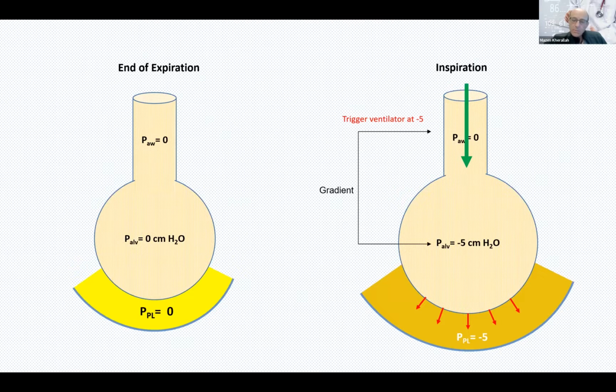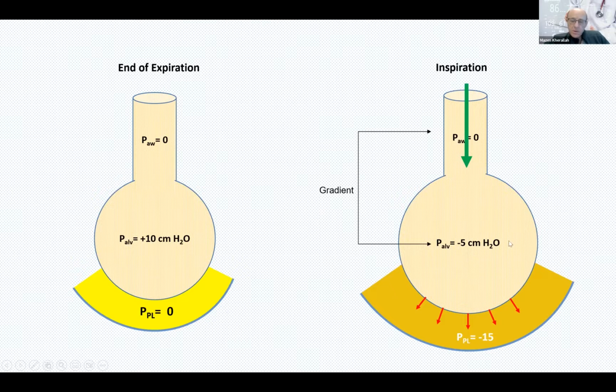Now, I want to explain at the same time, before we get into some examples, what if the patient has auto-PEEP? You can see now I have an alveolar pressure of 10 centimeters of water. This is just for simplicity. I made the pleural pressure 0. In order to trigger the ventilator, we need to drop that pressure to -5.